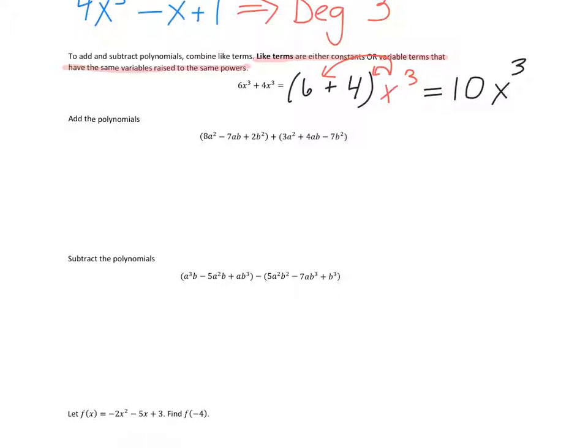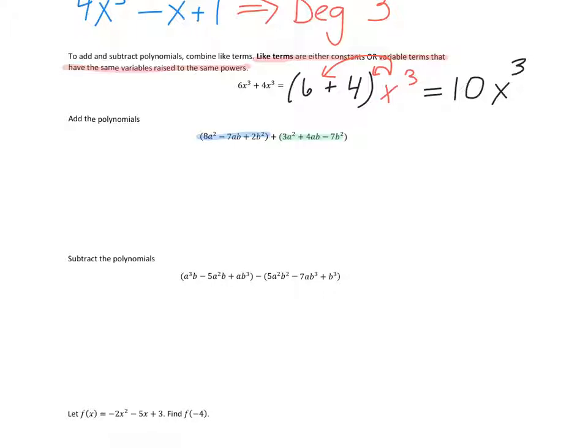Okay, so let's practice adding the polynomials. So we are going to focus on the like terms. So our polynomials are the ones in parentheses. So here's a polynomial, and then we're going to add it to our other polynomial. And it looks like we have a squared as a like term.